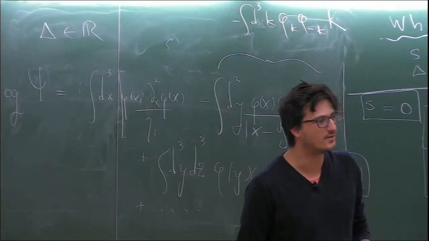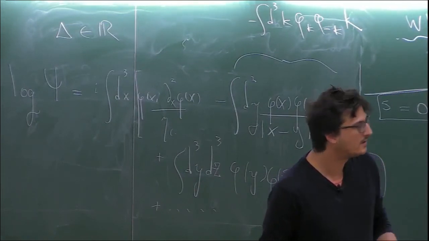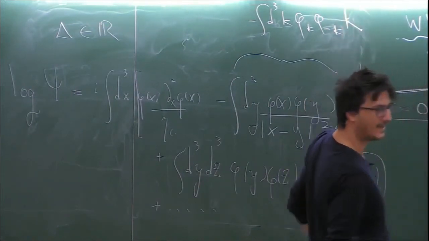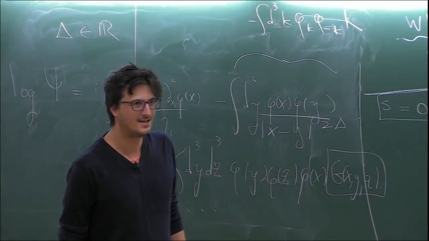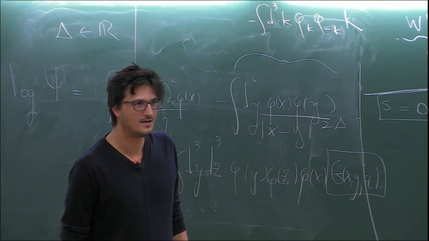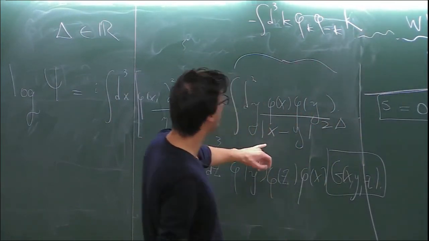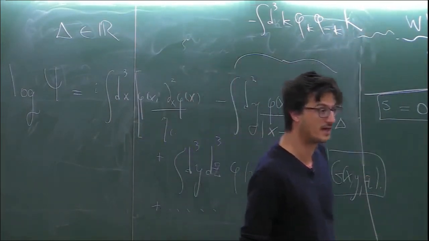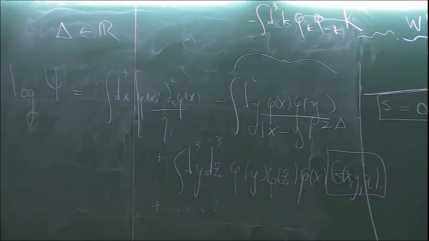What's the Fourier transform? We have 3 minus 2 delta. It takes the Fourier transform of the momentum. The important thing, it's a positive function of k. And so we've produced a wave function whose Gaussian fluctuations are suppressed in all possible directions.